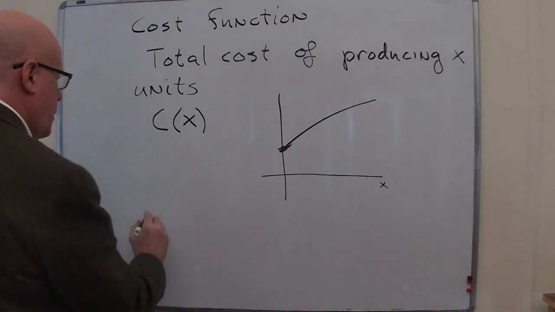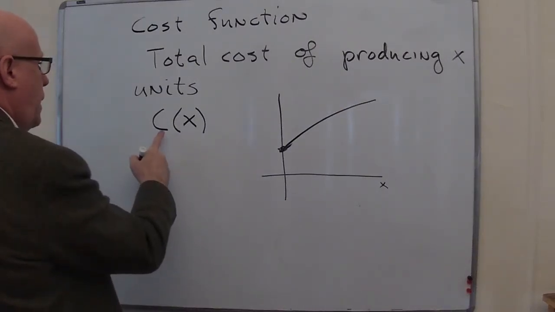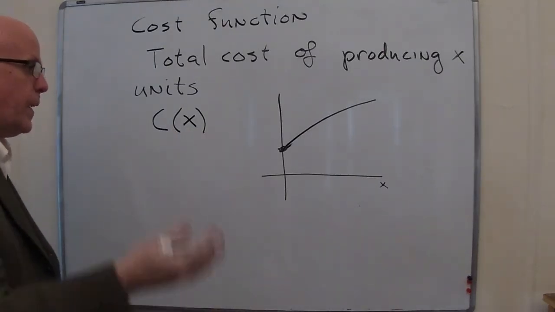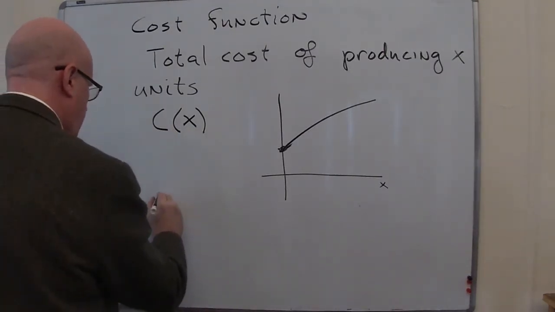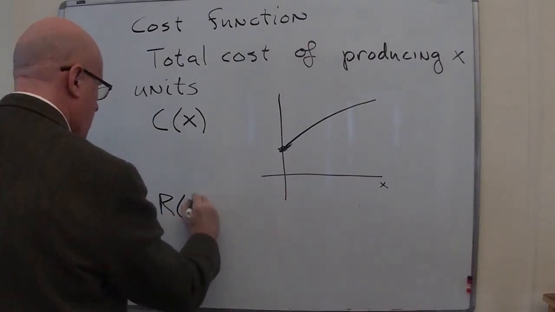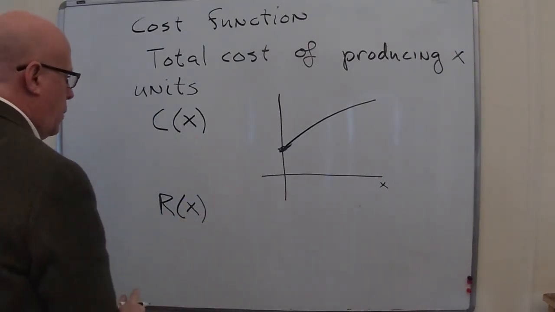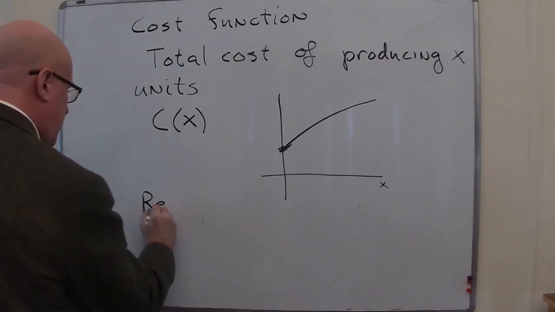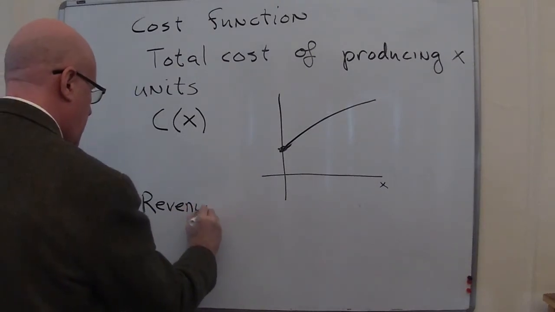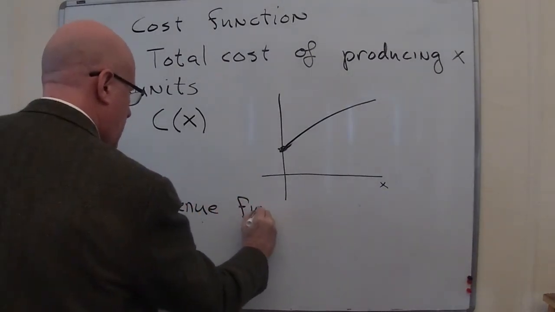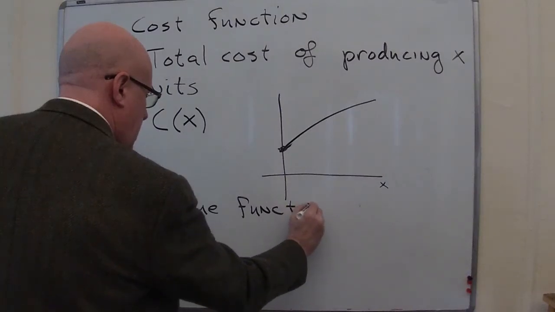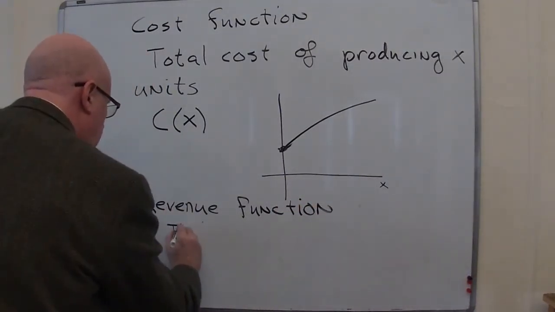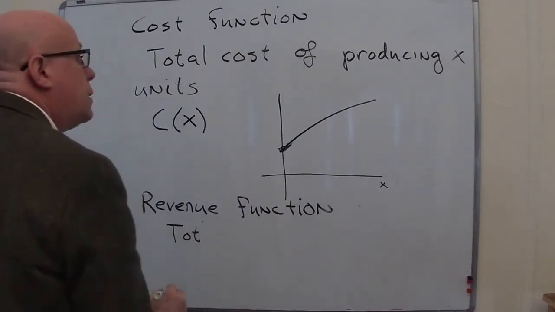There's also another function that people are interested in, which is how much money selling x units of our product brings in. That's called revenue. I want to say the revenue function is the total income produced by selling x units.